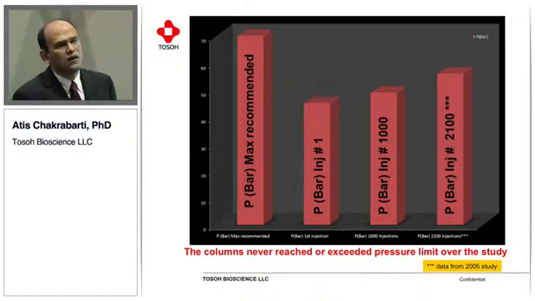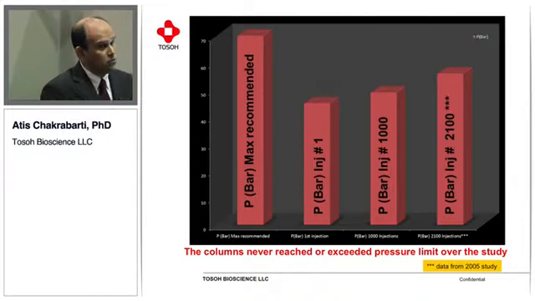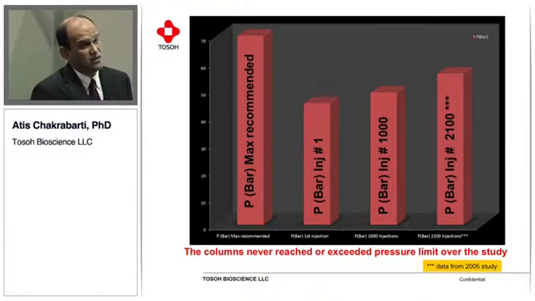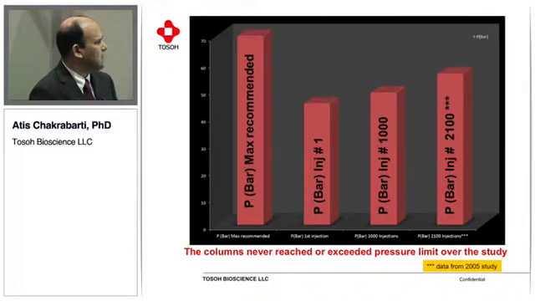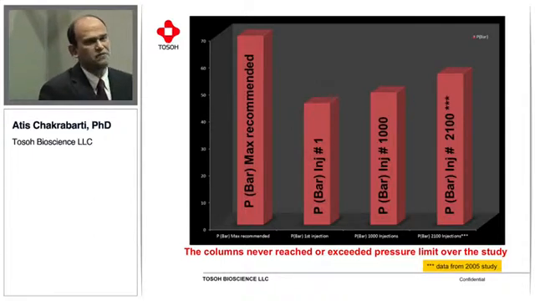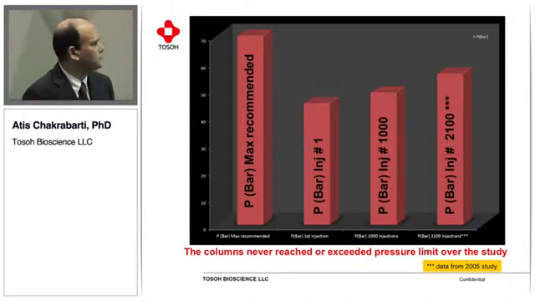So over 1000 injections, the pressure did not change much, though we gave extra stress because we did not filter or clean anything. Now, we compared this data with the study done in 2005, and this is the pressure after 2100 injections. Definitely it is 56 bar, which is more, but again it is in no way close to 70 bar.